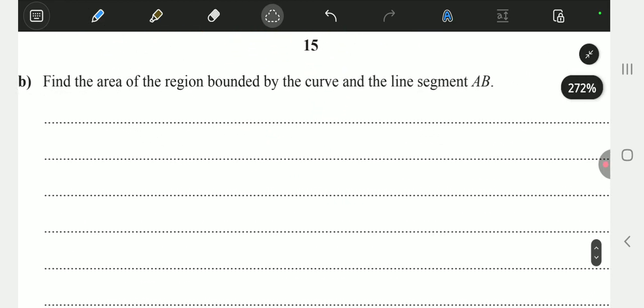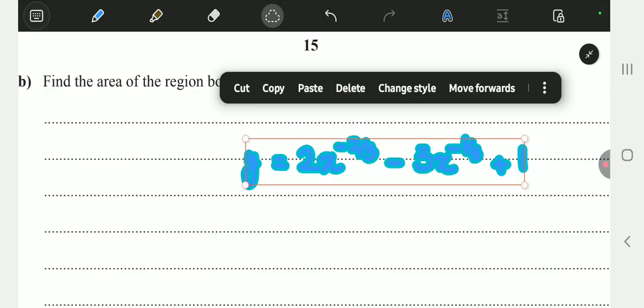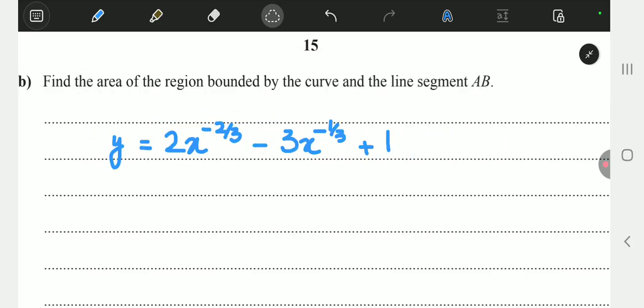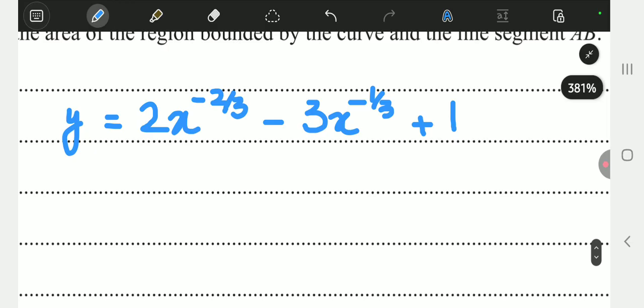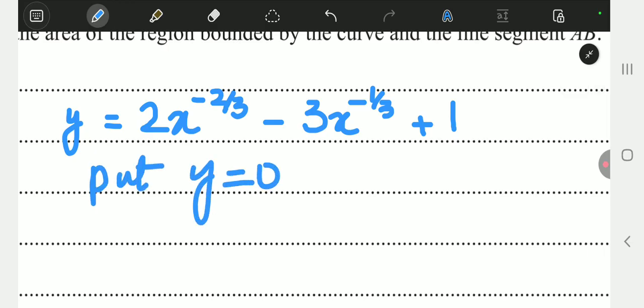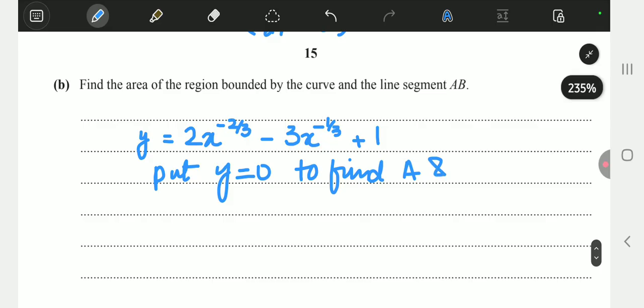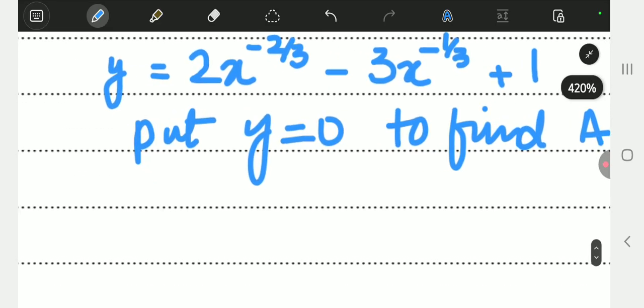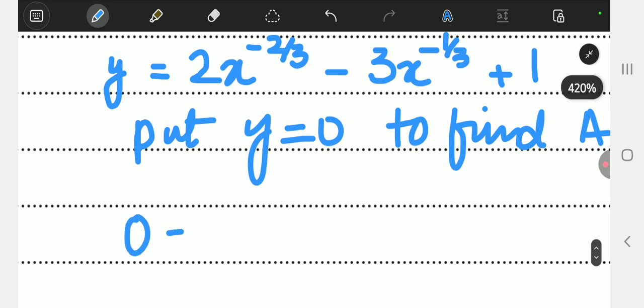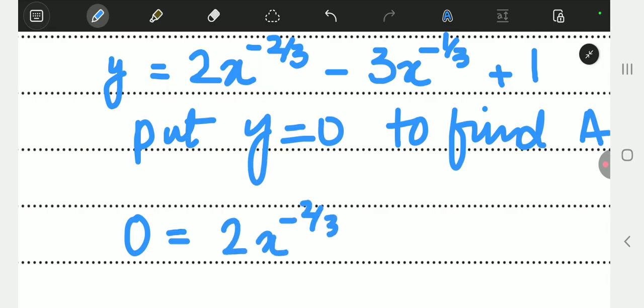Take the equation, put y equals to 0 to find A and B. Okay, so y equals to 0 means 0 equals 2x^(-2/3) minus 3x^(-1/3) plus 1.